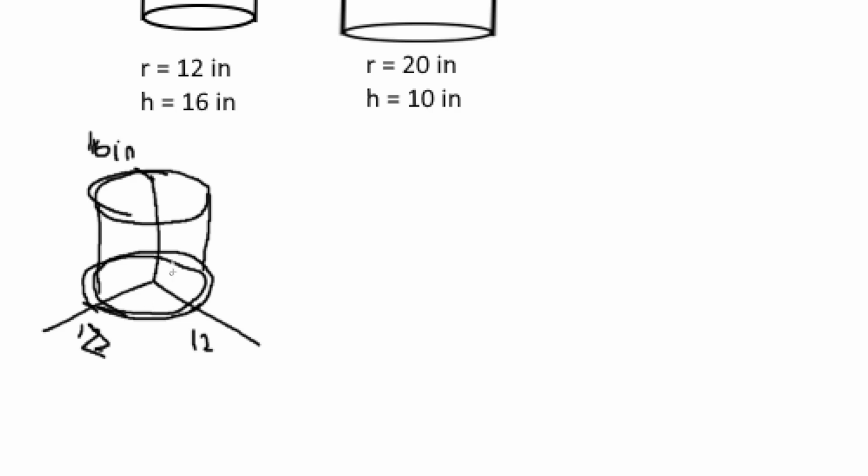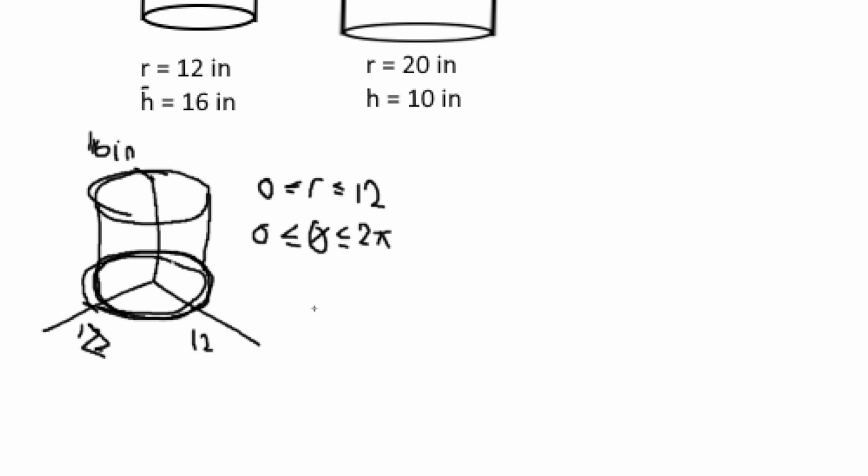So let's just use another coordinate system: the cylindrical coordinate system. And hey, we already have R defined here, so that's pretty much done, right? R is going to be between 0 and 12. Now in cylindrical coordinates, it's R, theta, and Z. Theta will go from 0 all the way around the full circle, so it'll be 0 to 2 pi.